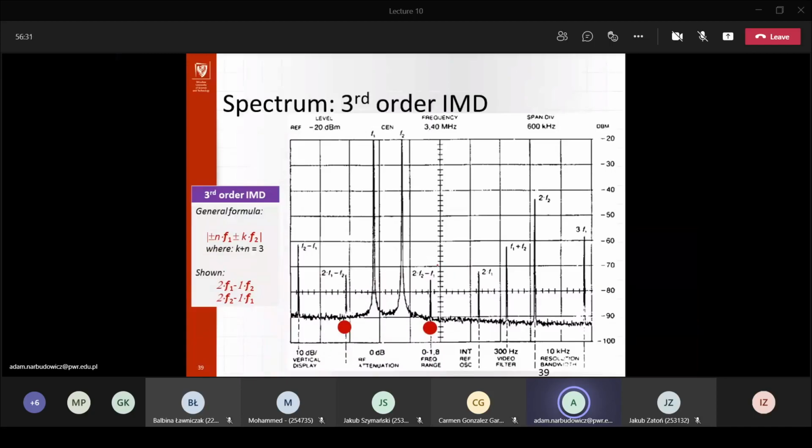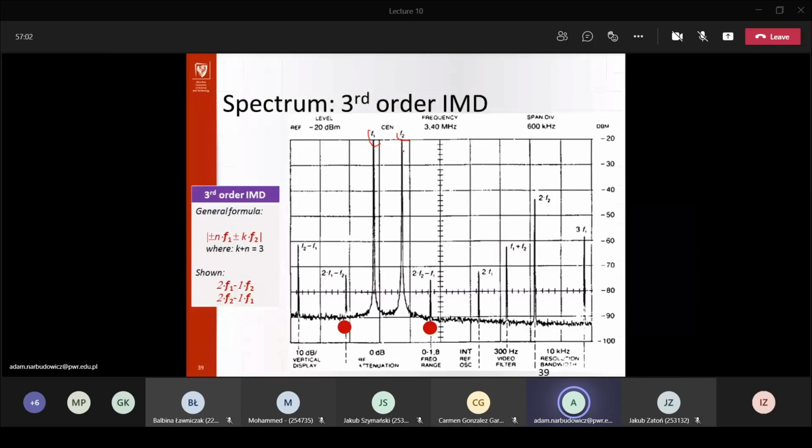Okay, so if we have two different signals, here is F1, F2, that's the two signals that we want to receive. And then because part of that signal might get mixed up due to pretty much any nonlinearities in either our receiver or transmitter, or in some cases even within the channel, the process can occur.